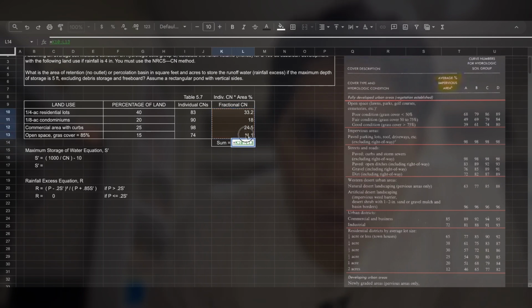Now the sum of all of this. It doesn't like that. This is merged.